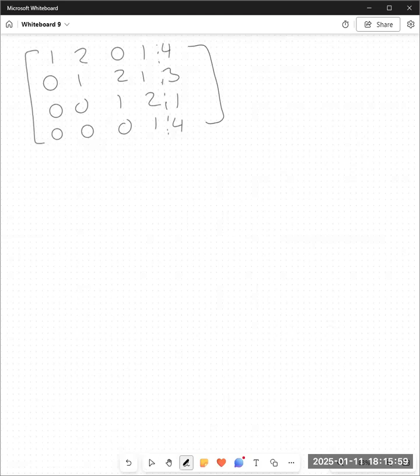And we'll say that this is column 4. So x4 equals 4. x3 plus 2x4 is equal to 1. So that makes the equation x3 plus 8 equals 1. x3 equals -7.